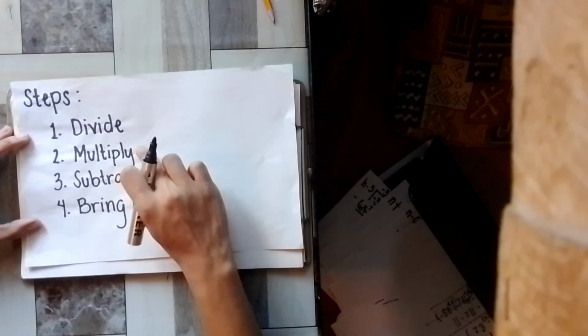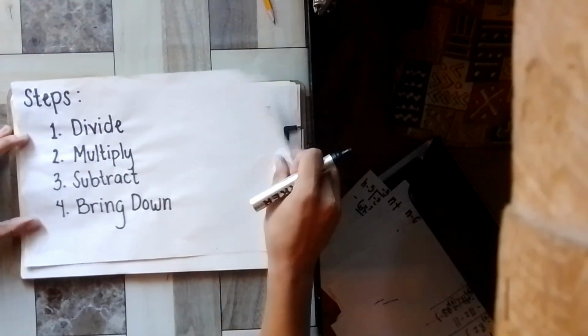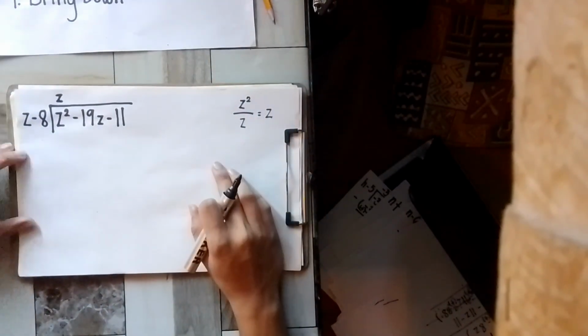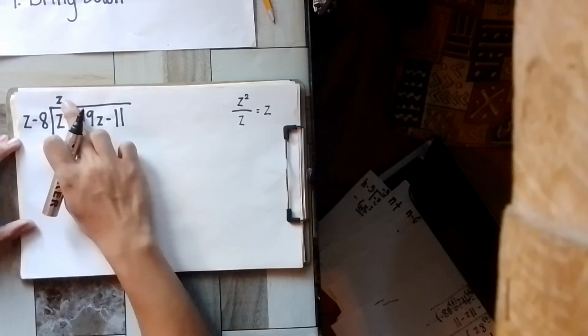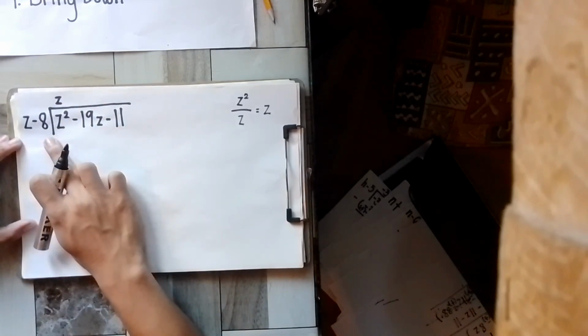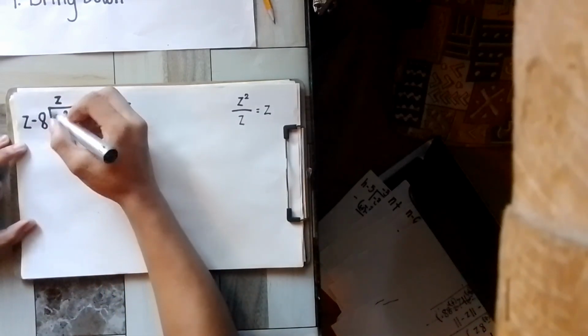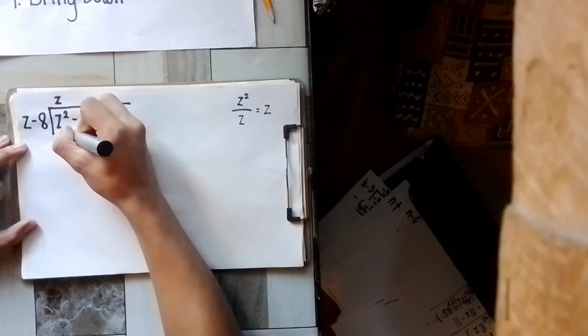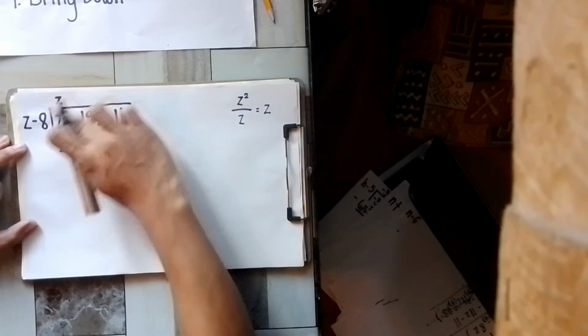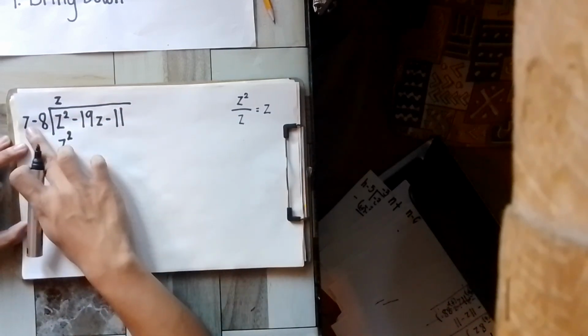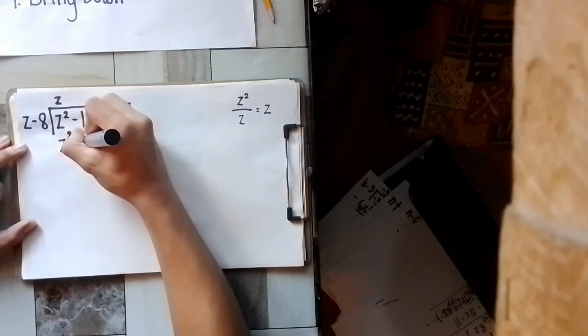Now, the second step is we're going to multiply our coefficient by the divisor, meaning z times z and z times negative 8. Therefore, z times z is z squared and z times negative 8 is negative 8z.